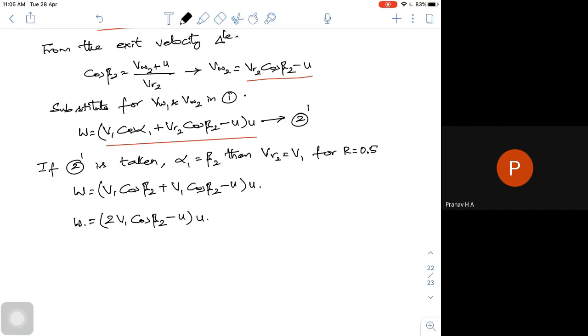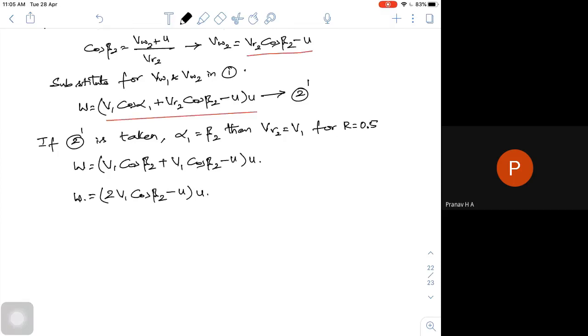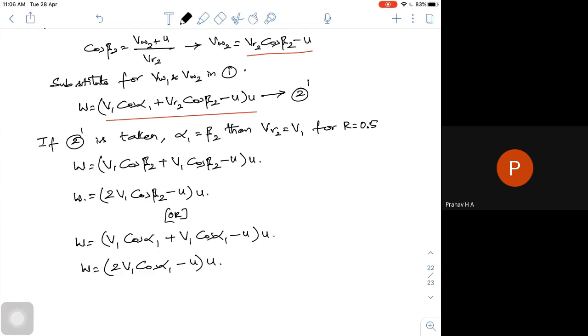Or I have another condition where I can write the whole thing in terms of alpha: W is equal to V1 cos alpha 1 plus V1 cos alpha 1 minus U into U, or W is equal to 2V1 cos alpha 1 minus U into U. So either I can write in terms of beta 2 or in terms of alpha 1.